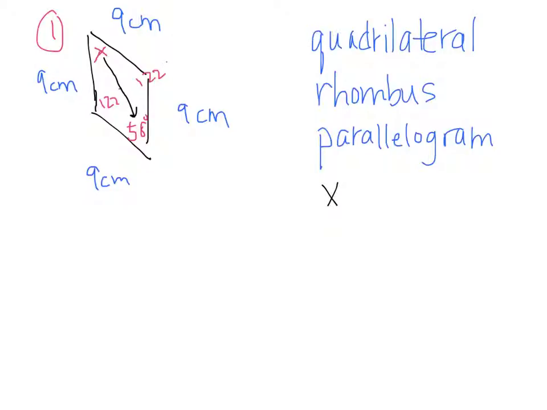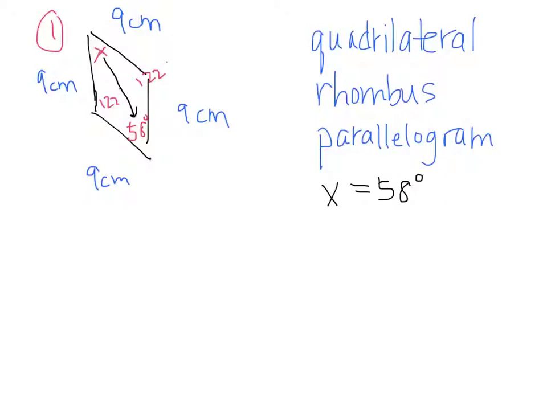So x equals 58 degrees. Very good. Now, can I double check my work and make sure that's right? Yes.